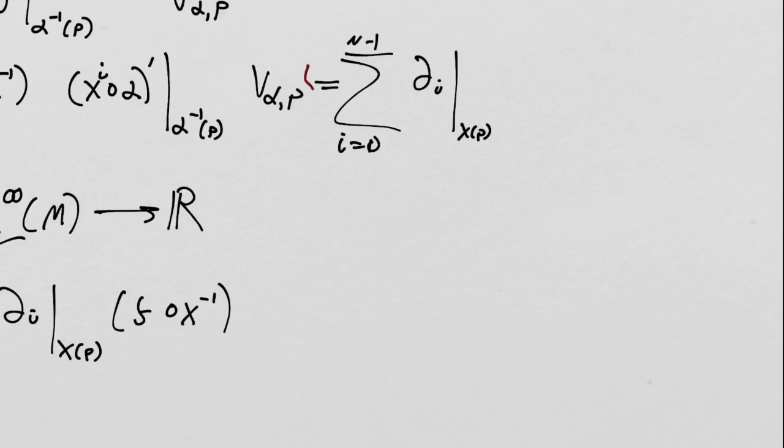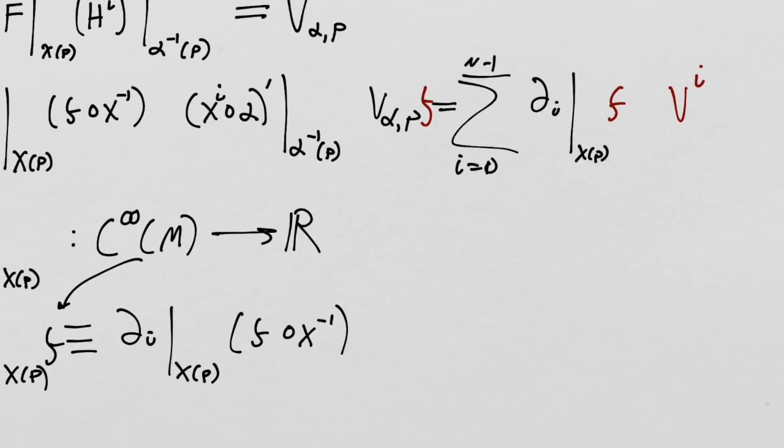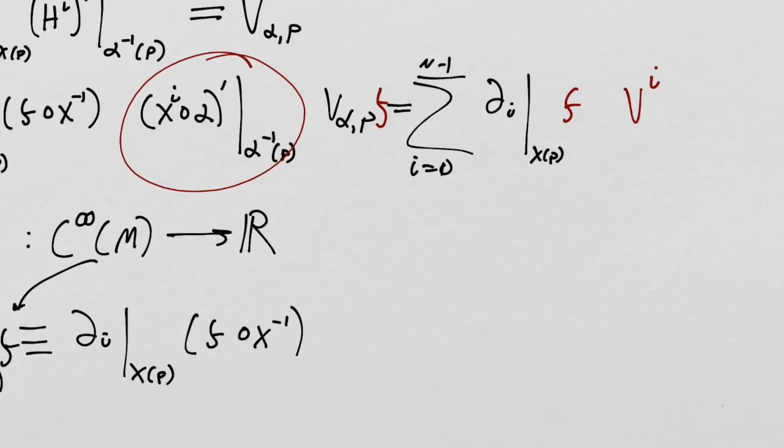Operating on a function f from C infinity, this is this guy operating on f, times what I'm going to call v^i, where v^i is just all of this stuff, right?